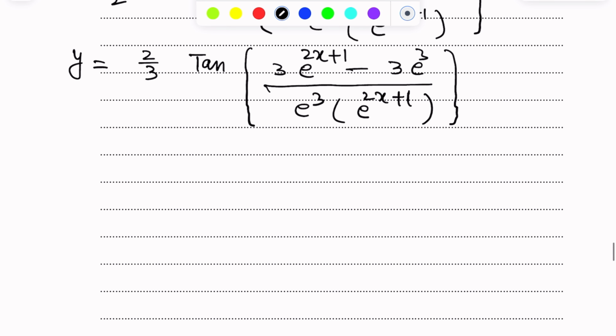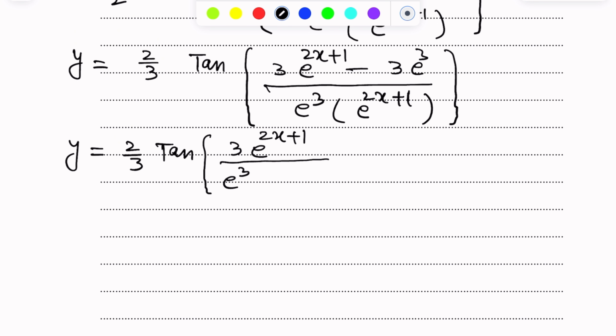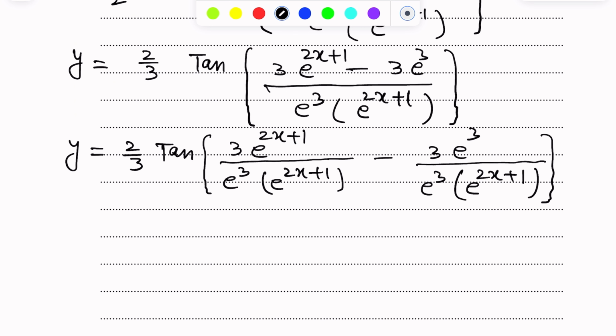It will become 2 over 3 tan of 3 e power 2x plus 1 over the denominator e3 e power 2x plus 1, minus 3e3 over the denominator e3 e power 2x plus 1, and the common factors cancel out.